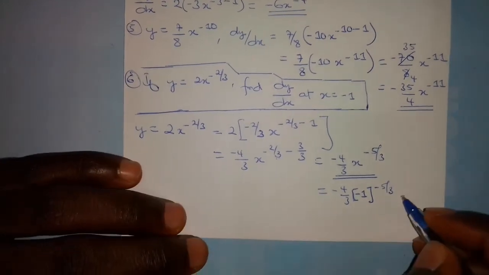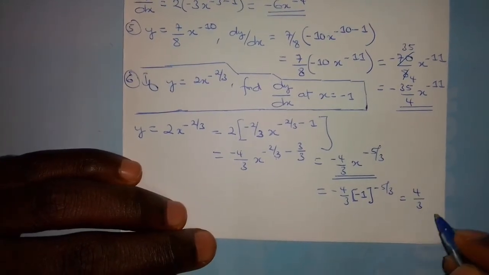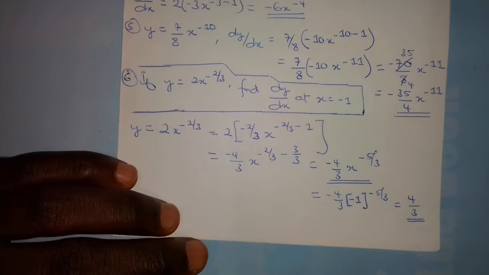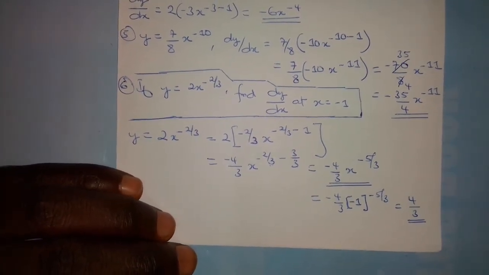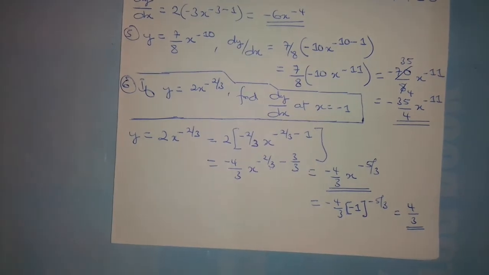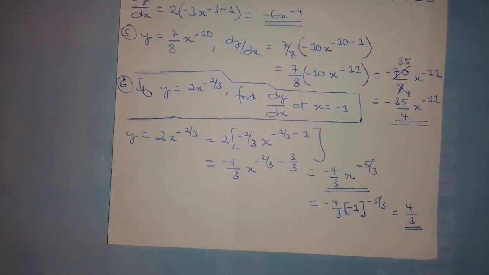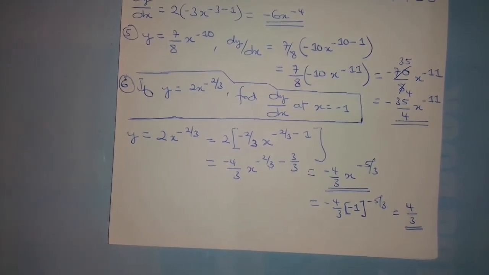So this is equal to 4 over 3 as a final answer. So that's just how to do a differentiation where you're asked to substitute the value of x at any term. So that's how to do the power rule of differentiation.